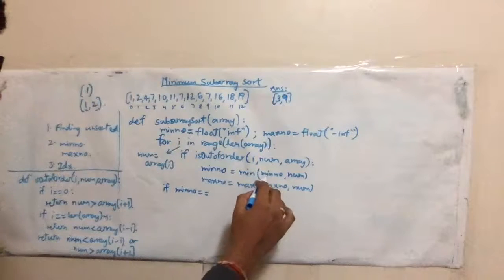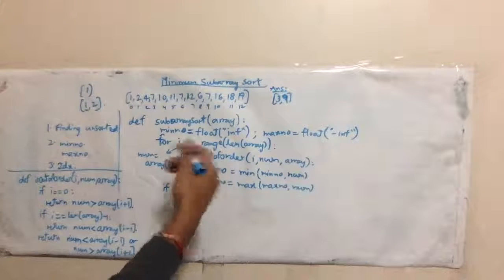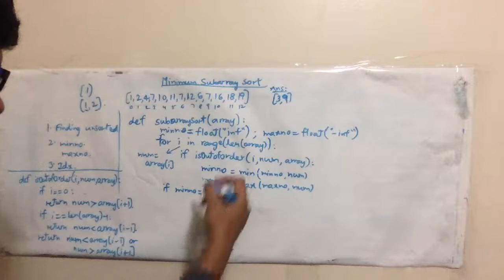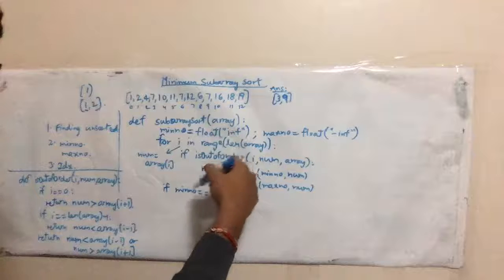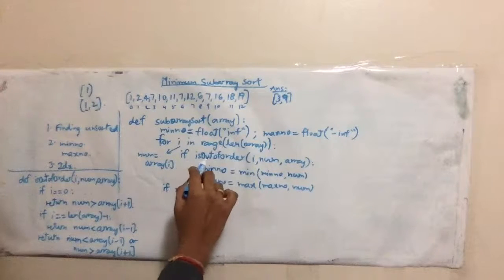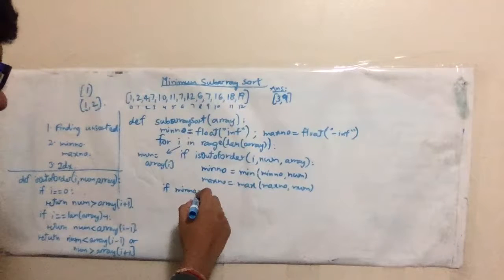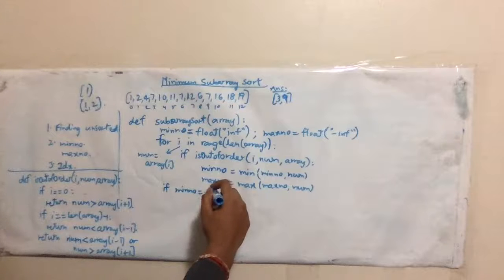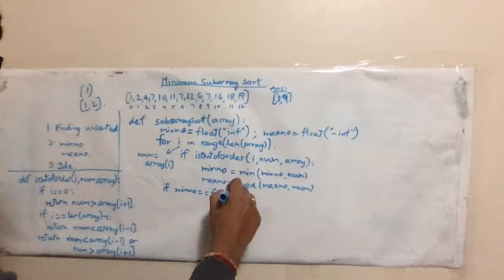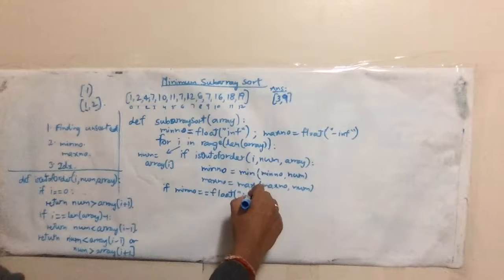The condition will not be satisfied if it is completely sorted. Then in that case, if minimum number is equal to positive infinity, just return, as we talked, minus 1, minus 1.